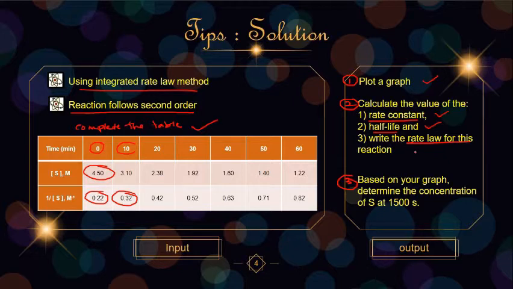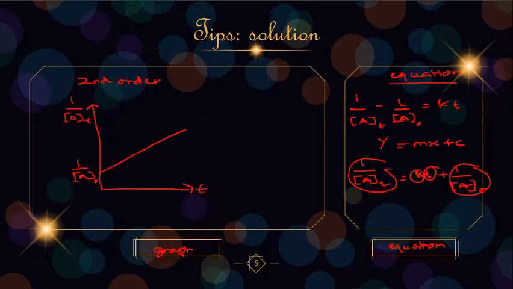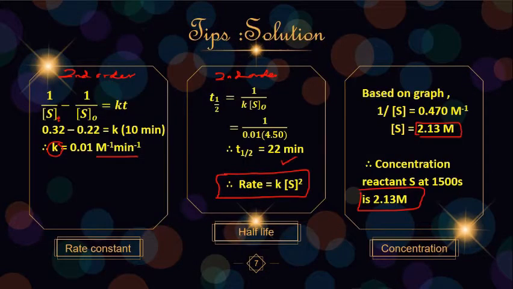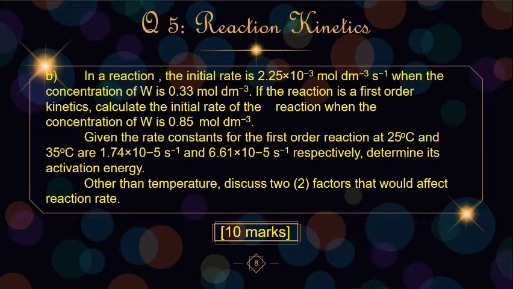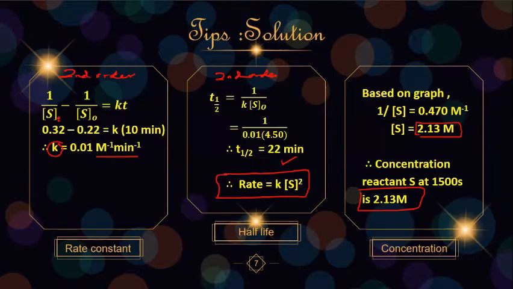The last one, you find the rate law for this reaction. And from the graph, you determine the concentration S at 1500 seconds, and don't forget the unit of concentration. If you have done the check, it means you have already finished question 5A.